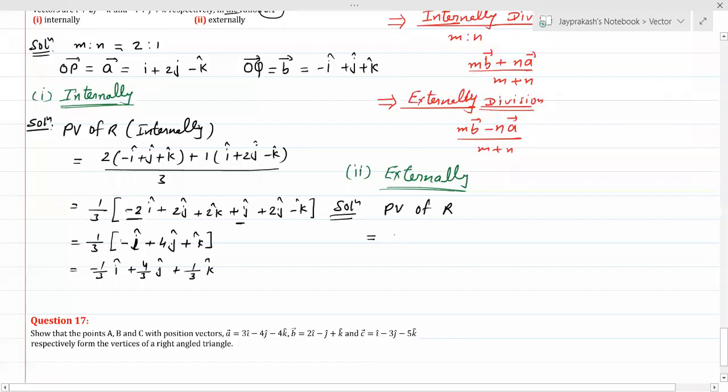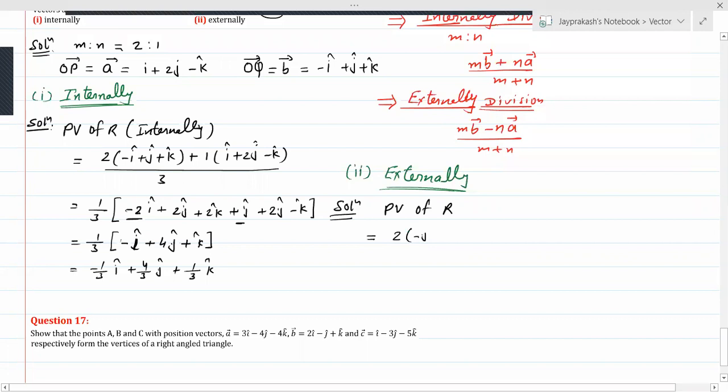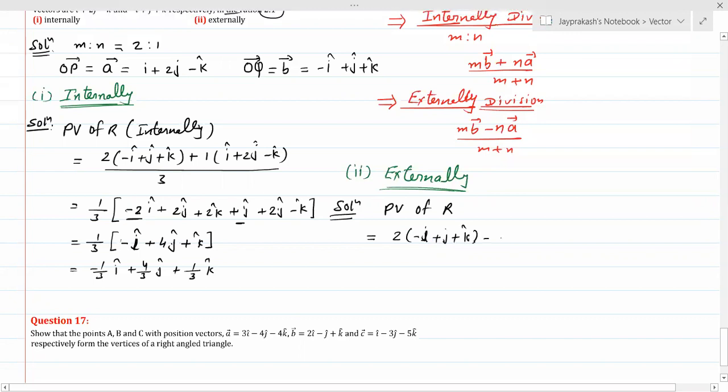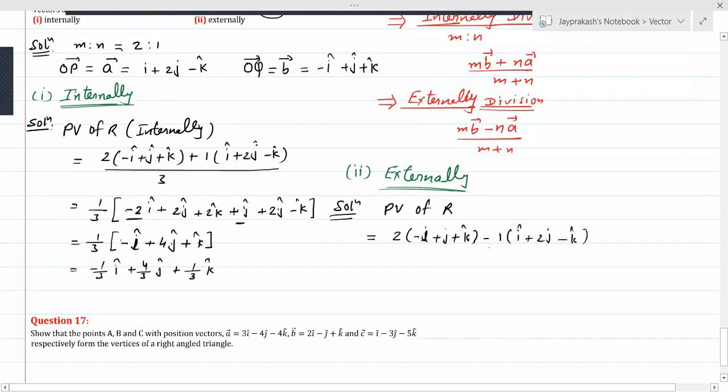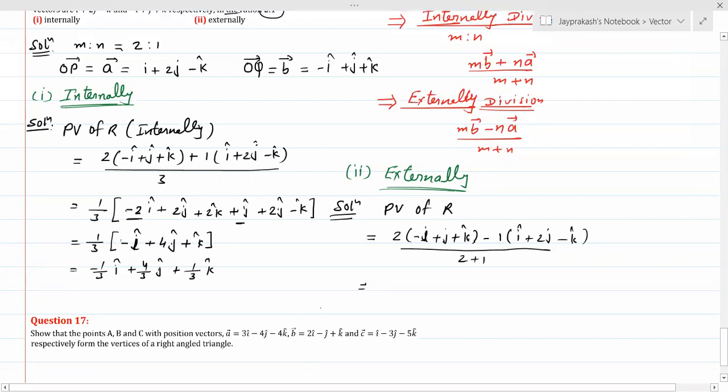So in the external case, we will write the negative sign only between the two vectors m and n. So this is i, j, k, then minus 1, i, 2j, minus k, the whole over 2 plus 1... So when you solve it, you will get 0 j, and 2 minus minus 1, so it will be plus 3 k cap, minus 3 i cap.